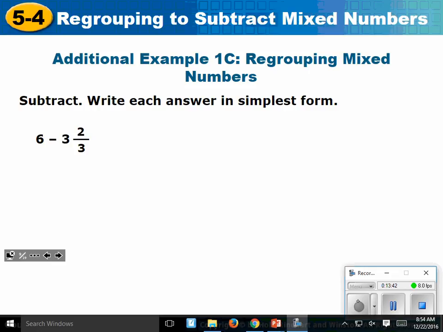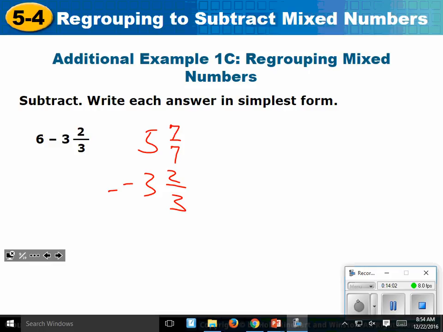So if I wanted to, I could change this 6 to a 5 and 7/7 minus 3 and 2/3. But why would I do that? That wouldn't make any sense.